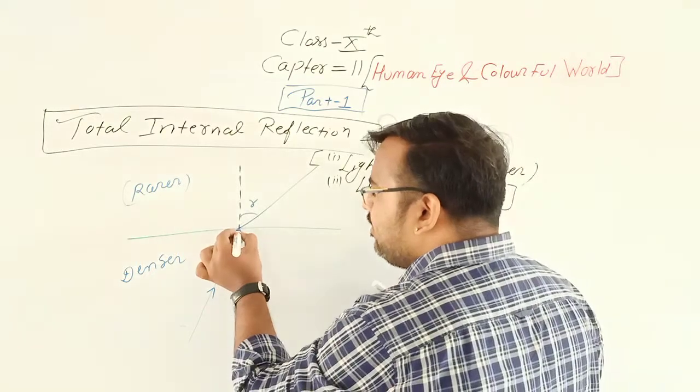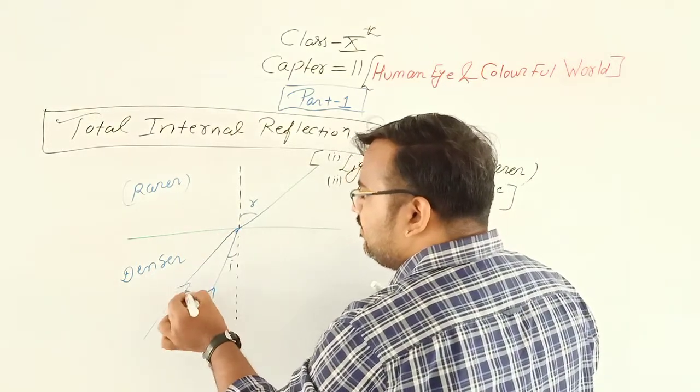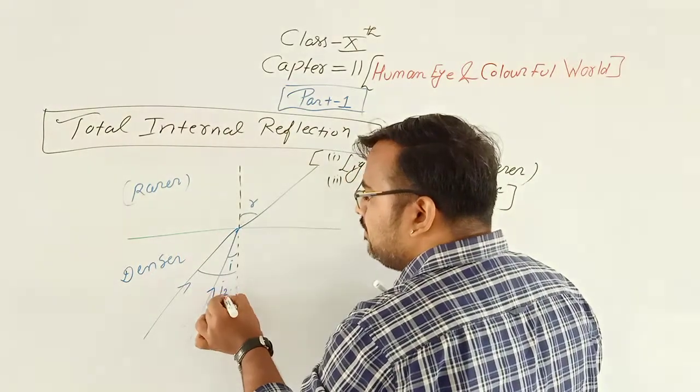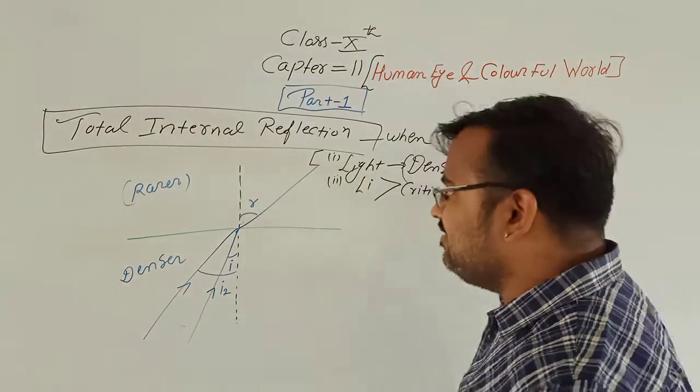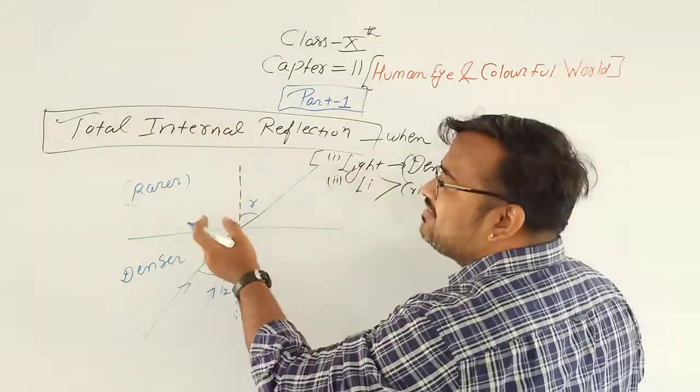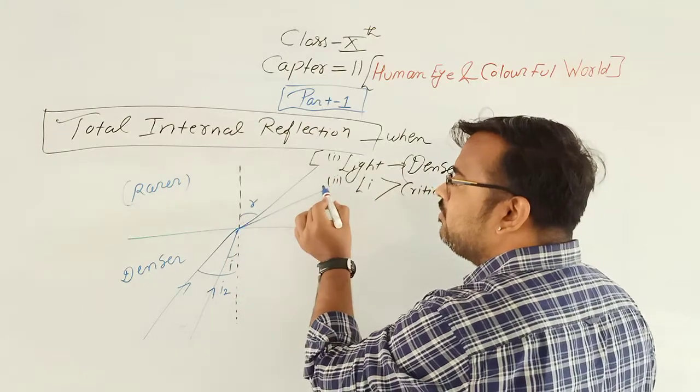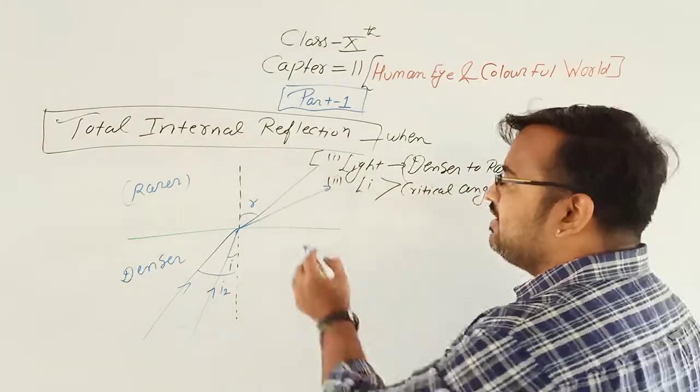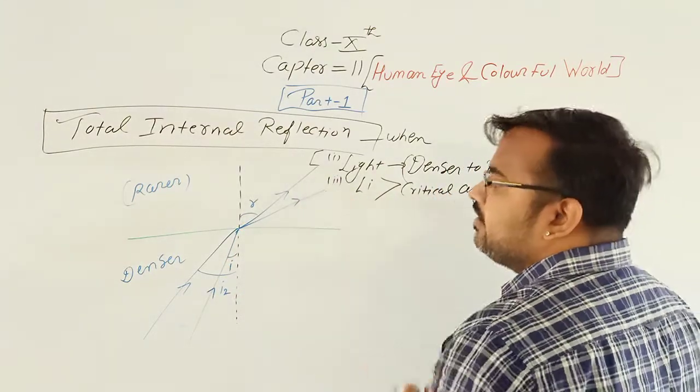Now again I will increase the angle of incidence. See, this is I2. If the angle of incidence increases, the angle of refraction also increases. Clear?